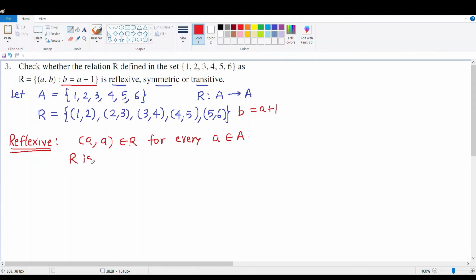So R is not reflexive, and the reason is that (1, 1) does not belong to R. You cannot see any of those, right? (1, 1), (2, 2), (3, 3), (4, 4), (6, 6). So it is not reflexive.